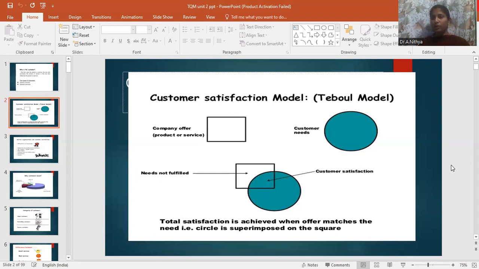Only a few parts of their needs are fulfilled, so customer satisfaction is also less in that way. Total satisfaction is achieved when the offer matches the need, which means the circle should be completely superimposed on the square. That means there is customer satisfaction.